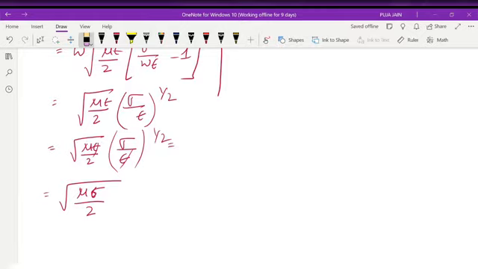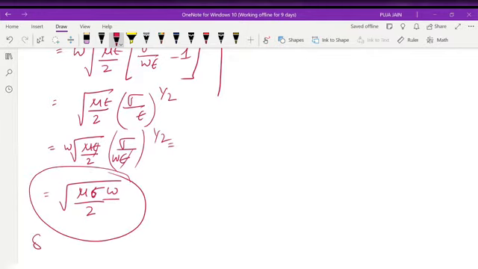This will be here omega and this omega. So ultimately we will get this. Okay, so this is for metal. This is the value of kappa minus. So skin depth, which is denoted with delta, is equal to 1 by kappa minus, that is equal to root 2 by mu sigma omega. Okay, now we will find for insulator.